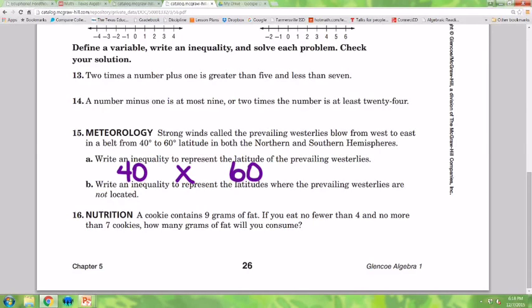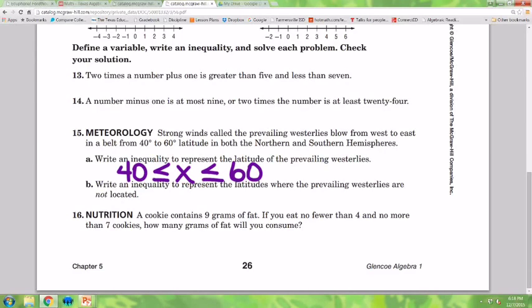So when I'm reading from the x to the left-hand side, x has to be greater than or equal to 40 when you're reading from the x. If I was reading from the 40, then it says 40 is less than or equal to x. Okay, then for the other side, x has to be less than or equal to 60. So we're saying that x can be anywhere between 40 and 60 and can actually equal 40 and 60 also.